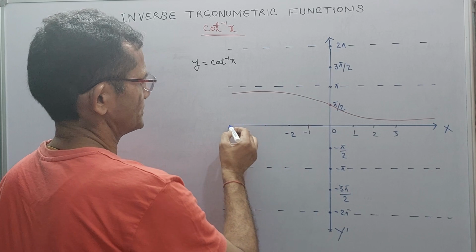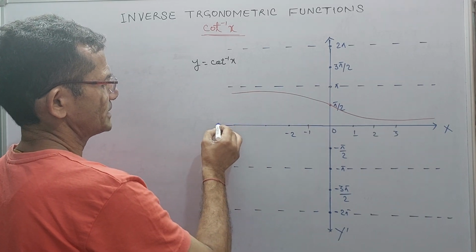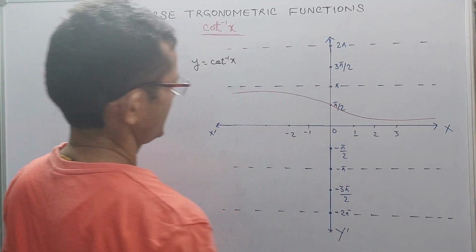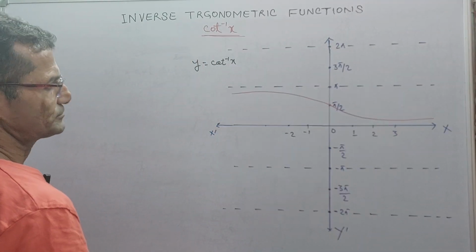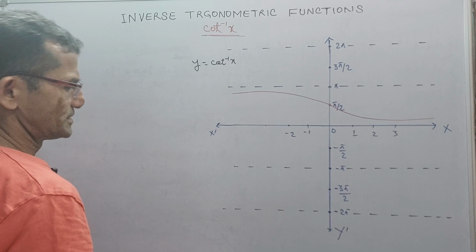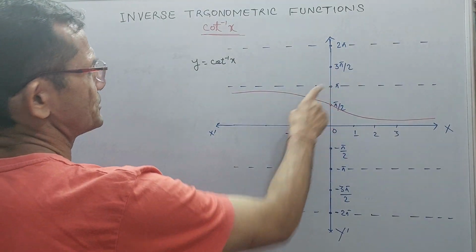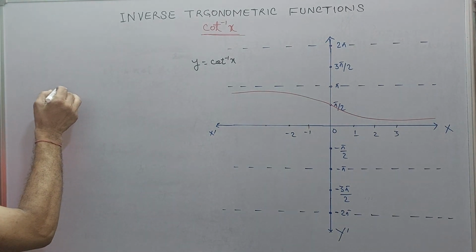This is the negative x-axis, this is the positive x-axis, and if I consider the interval from 0 to pi, cot inverse x is defined in these intervals.